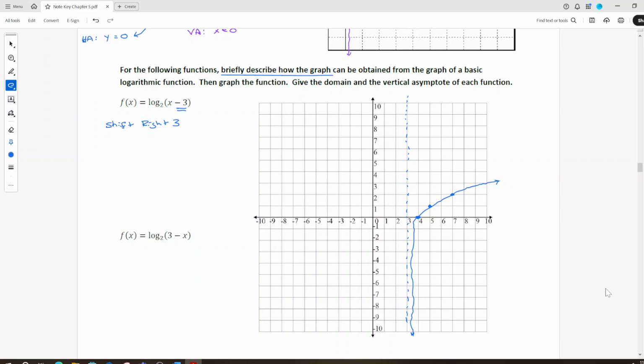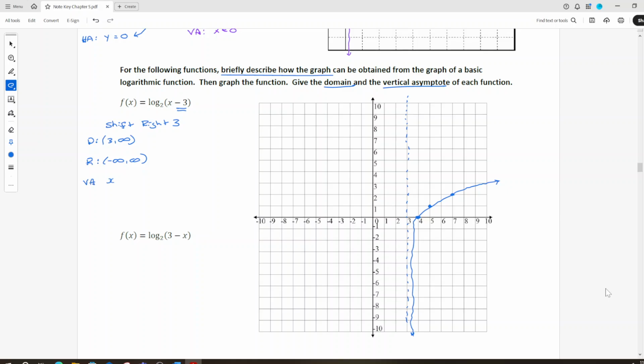They're kind of tricky. But what I want you to understand is that the domain has shifted. The domain of this graph is now going to be 3 to infinity because it's shifted right. The range is not going to change. In fact, they don't even ask you the range. I'm going to write it here, but it only says give the domain and the vertical asymptote. And the domain shifted because the vertical asymptote shifted as well.